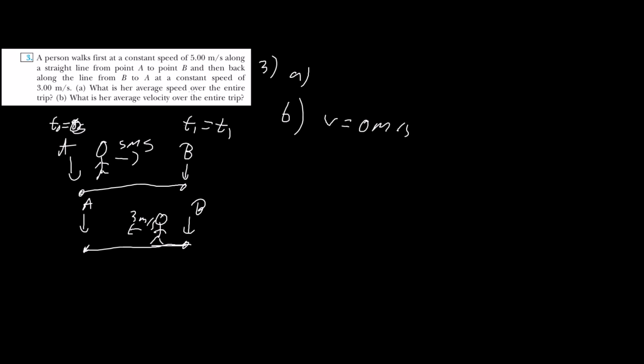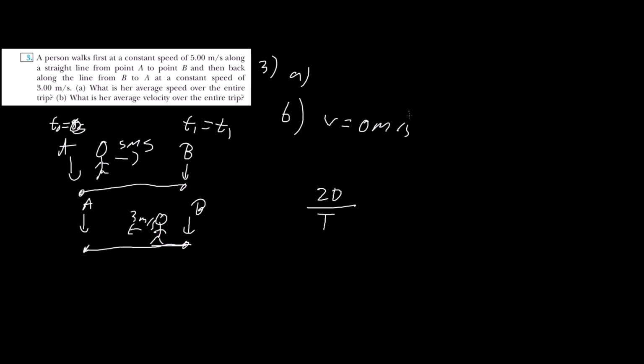So what is her average speed over the entire trip? The speed is a little different. The speed is the total distance it travels. So I'm going to call the distance 2d, d being the absolute magnitude of the displacement from point A to point B, and then from B back to A. And the time interval, I'm going to put capital T as the whole total time interval.